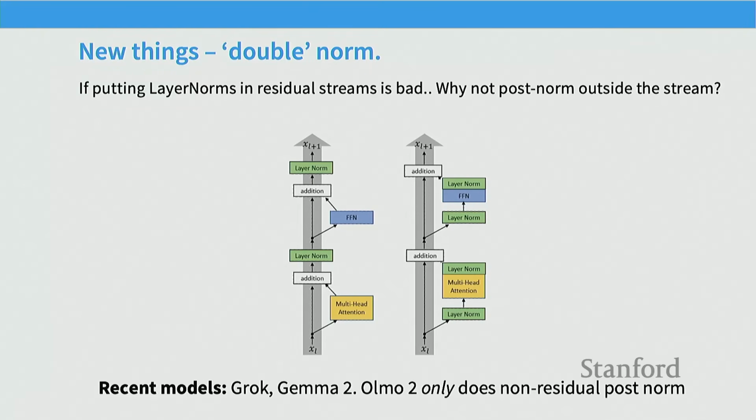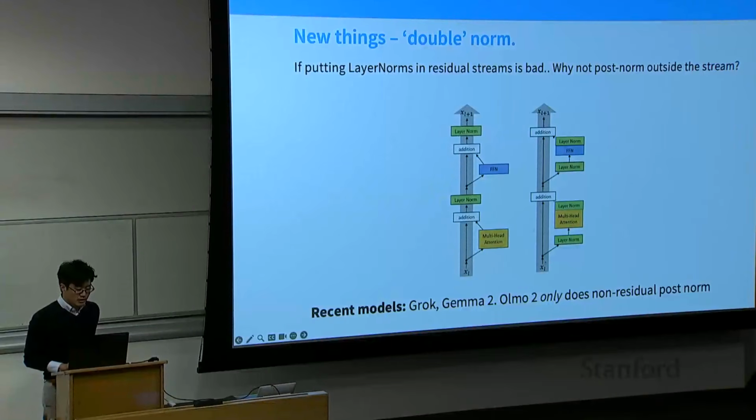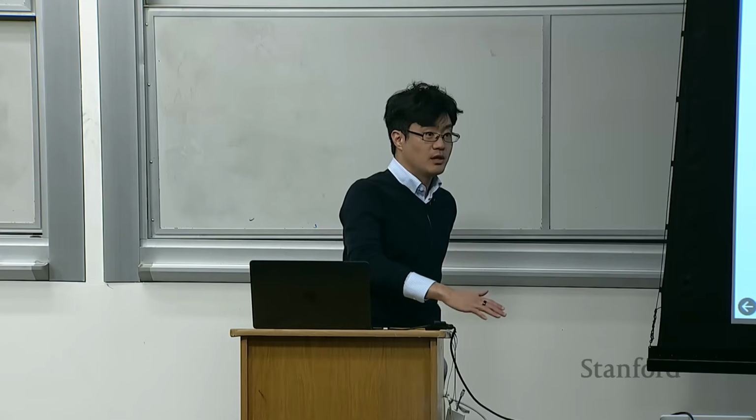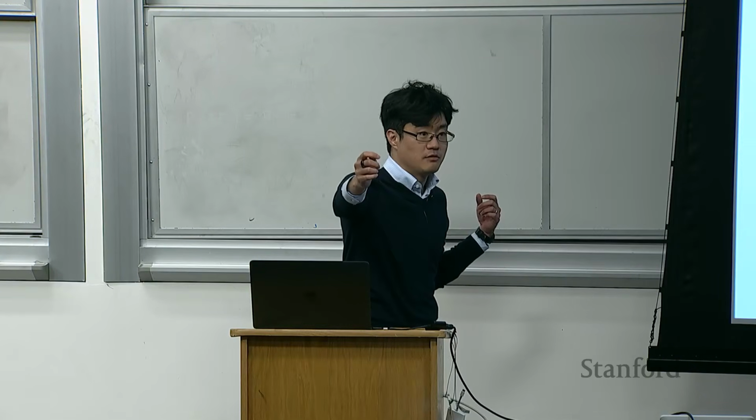So yes? Why is layer norm in the residual bad? That's a good question. I don't think I can give you the proof of why it's bad. I think one intuitive argument for why this might be bad is that the residual gives you this identity connection all the way from almost the top of the network all the way to the bottom. And so if you're trying to train really deep networks, this makes gradient propagation very easy, right?